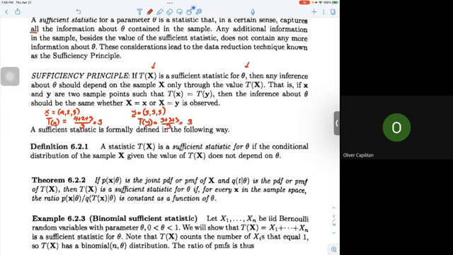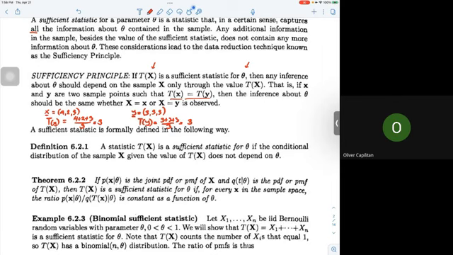So the function value of the sample points, the sample value of our sufficient statistic T, they are the same, then the inference about our parameter theta should be the same, whether we choose the realized value of our sample to be bold small x, or you may consider the small bold y.